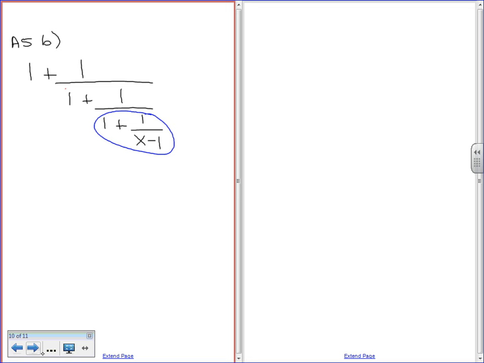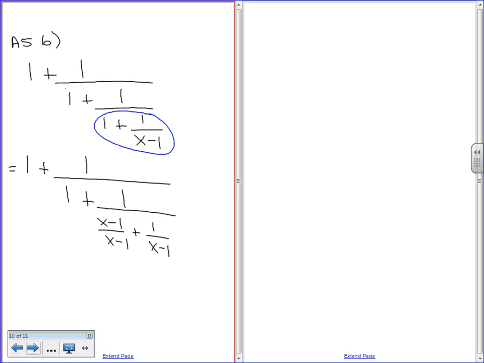The common denominator would be x minus 1. 1 plus 1 over 1 plus 1. So now I'm doing the blue part. Okay. So the common denominator is going to be x minus 1, so I need to multiply this 1 by x minus 1 on the top and on the bottom. So I get x minus 1 over x minus 1, that's that 1 right there, added to 1 over x minus 1.